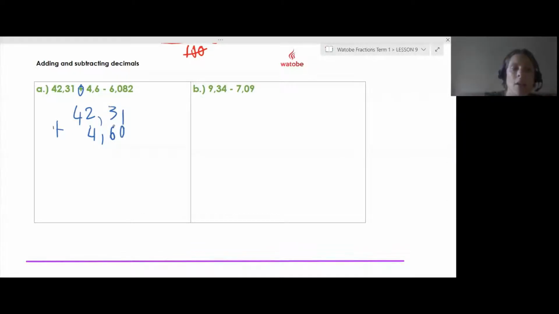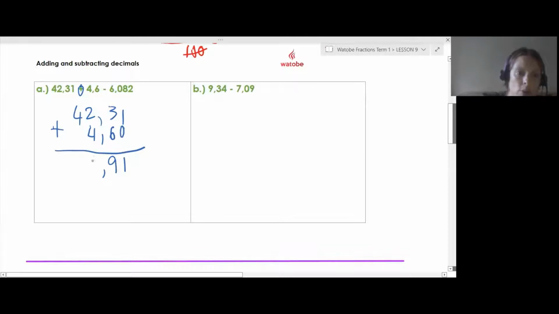Okay, now I can add just like I would normally add. So 1 plus 0 is 1, 3 plus 6 is 9. Put my comma down. 2 plus 4 is 6. 4 plus nothing is 4.